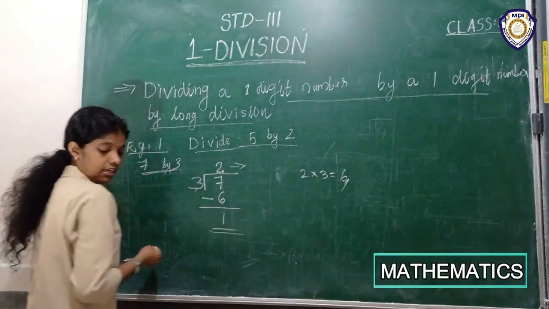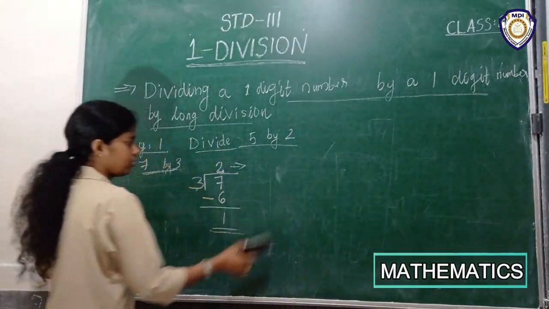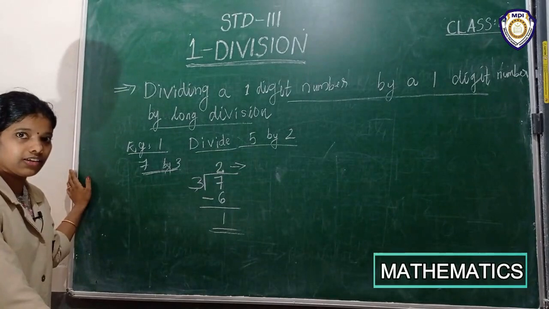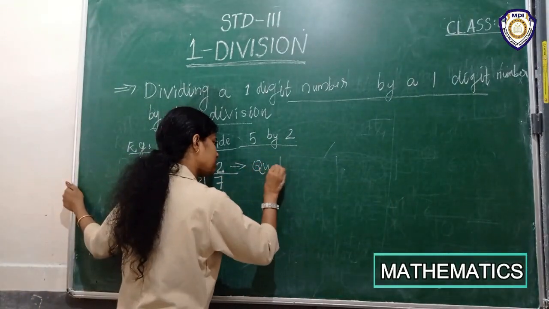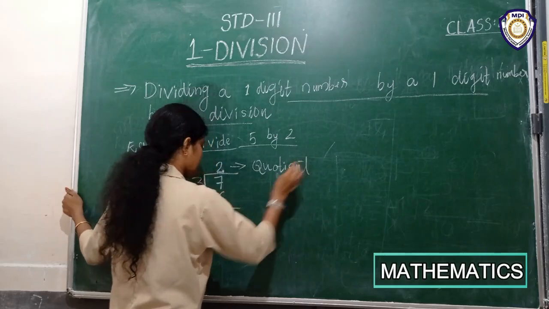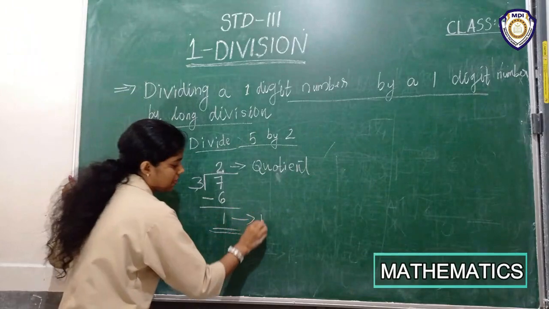Here 2 is the quotient, and 1 is the remainder.